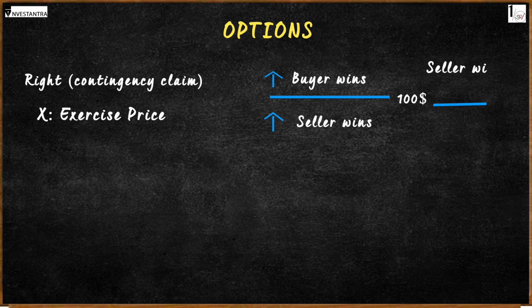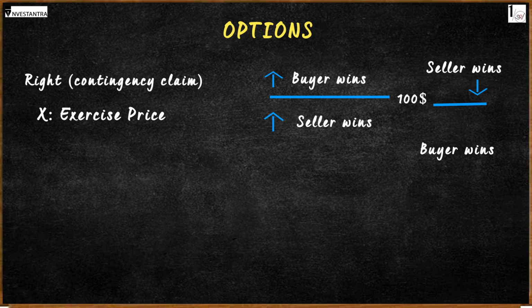Up to here, seller wins. Beyond here, buyer wins. But you can also have options the other way around. Up to here, seller wins, and from here, the buyer wins.